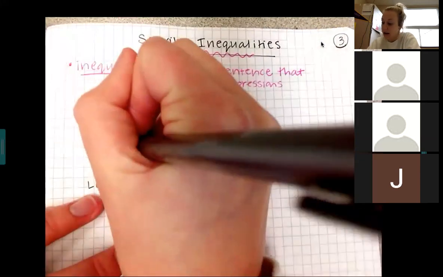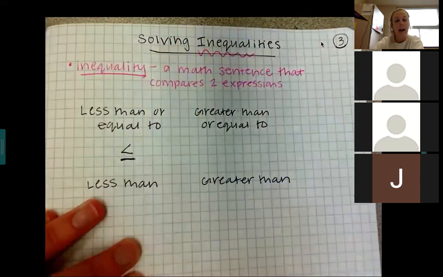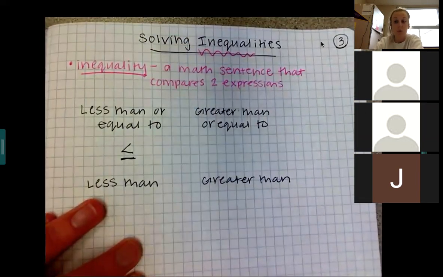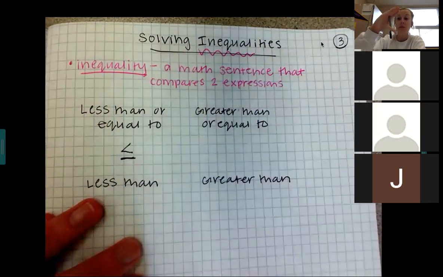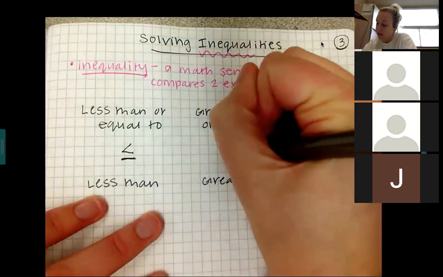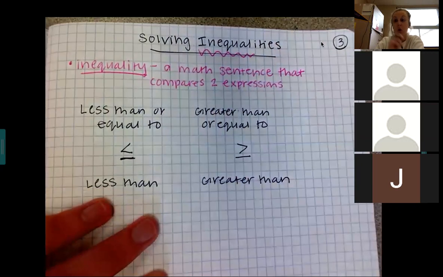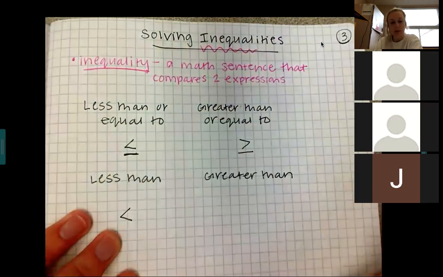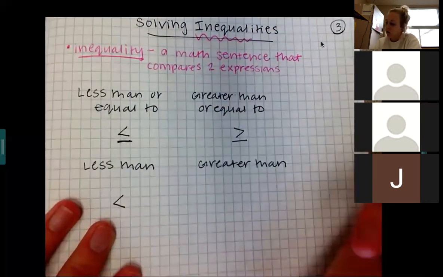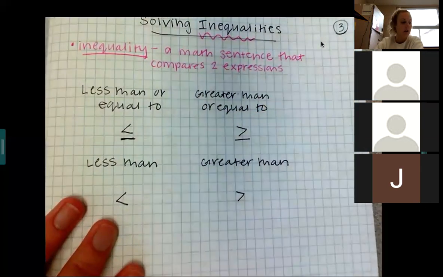So less than or equal to is going to open up to the second side, and it has a bar underneath it because it's equal. So then greater than or equal to, it points to the right, it opens up to the left, so it opens up to the first side of the sentence. And then less than opens up to the second side. Greater than opens up to the first side. So we've seen these, right?